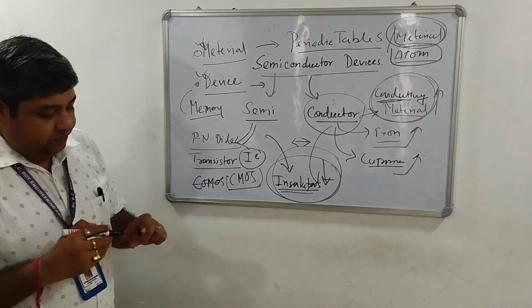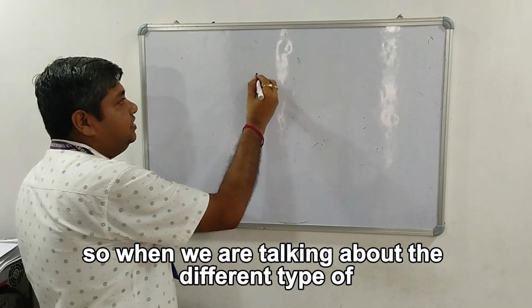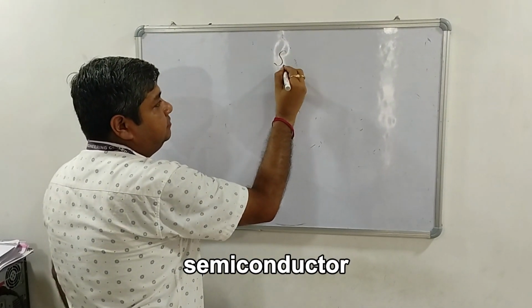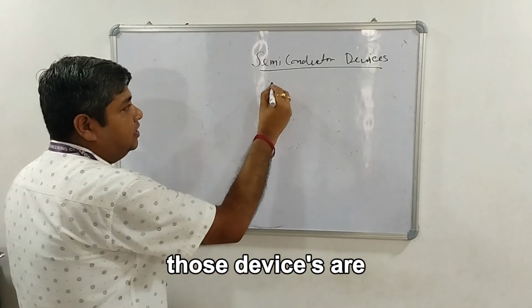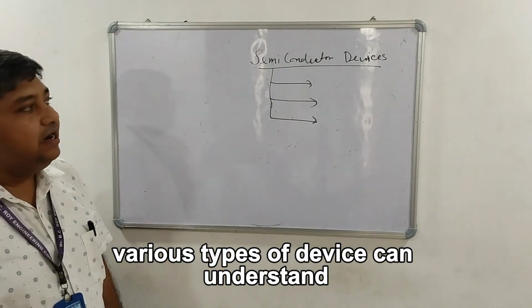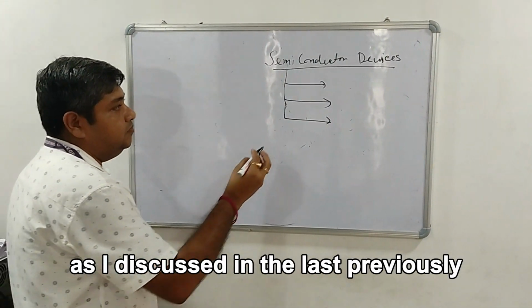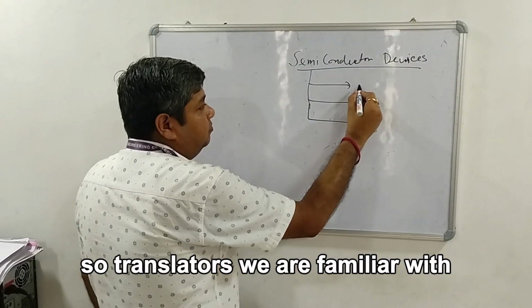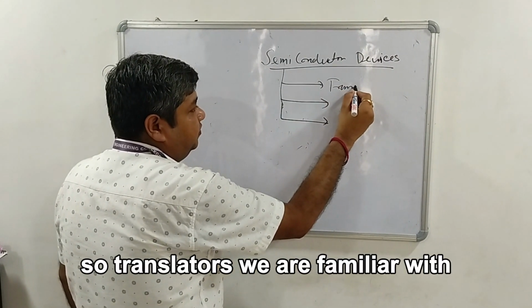Okay, so when we are talking about the different types of semiconductor devices, as I discussed previously, transistors we are familiar with.